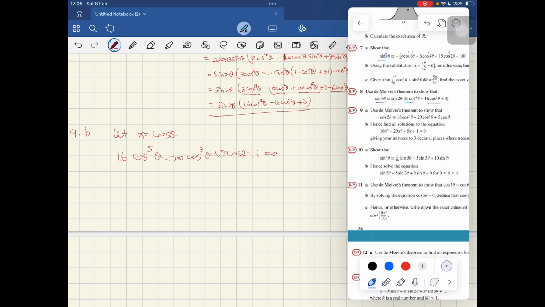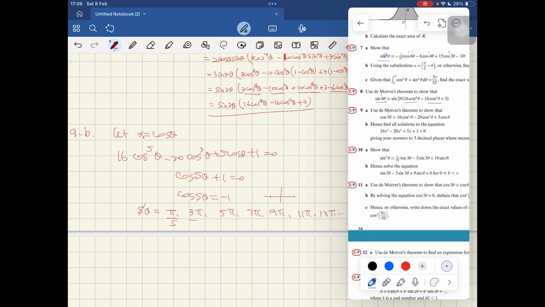We know this is cos 5 theta plus 1 equals 0. So now cos of 5 theta becomes negative 1. 5 theta can be pi, 3 pi, 5 pi, 7 pi, 9 pi, 11 pi, 13 pi, something like that.